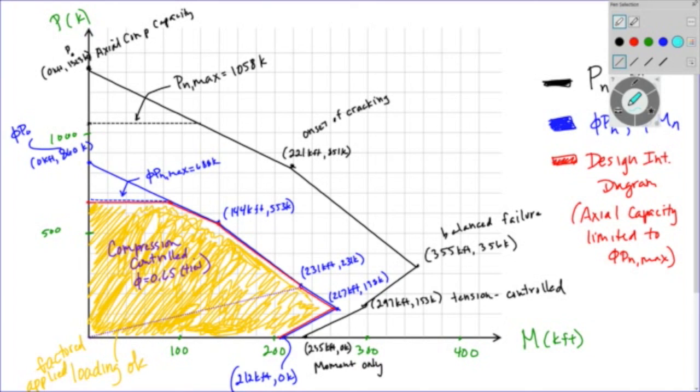Whereas my tension controlled, okay, so if you're above that purple line, you're compression controlled.